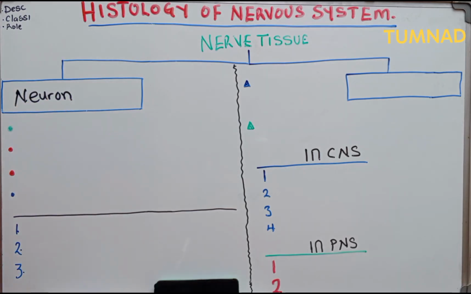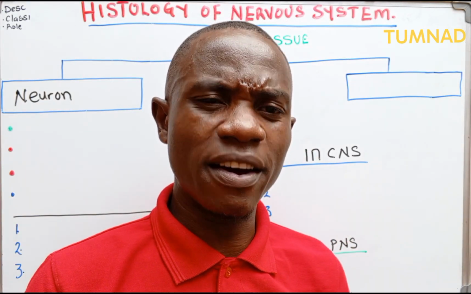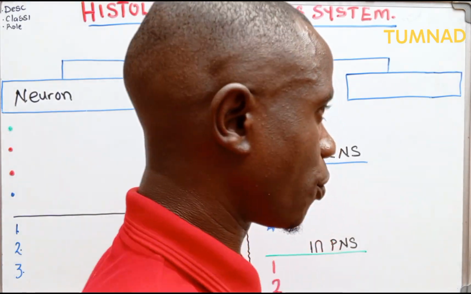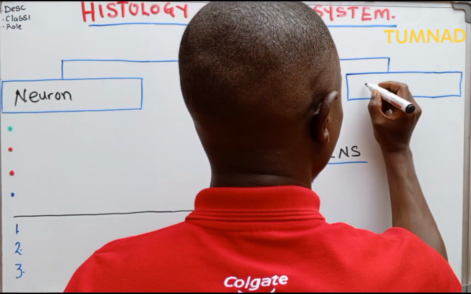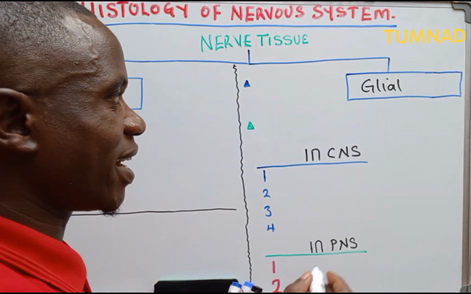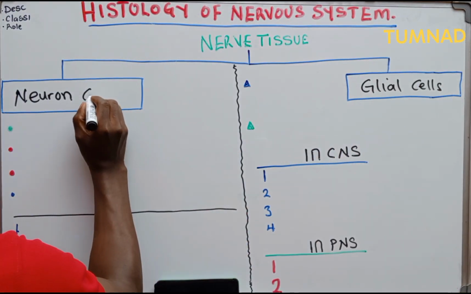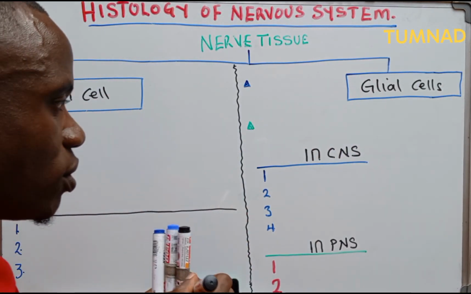That is one category of the cells contained in the nervous tissue. The second category is what we call the glial cells, and then the neuron cells.